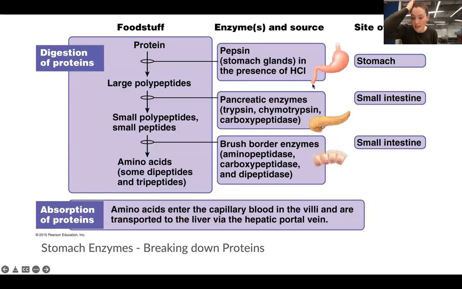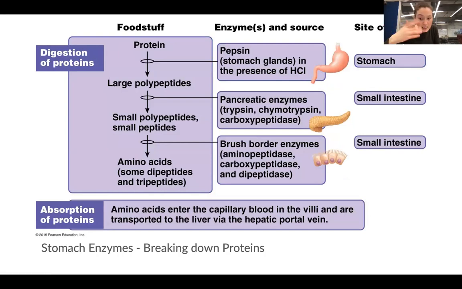Proteins, the beginning of our chemical digestion of proteins, happens with an enzyme called pepsin in the stomach. Pepsin, as part of evolution, is more functional in a lower pH. So it becomes functional in the presence of hydrochloric acid in the stomach, which is really interesting.